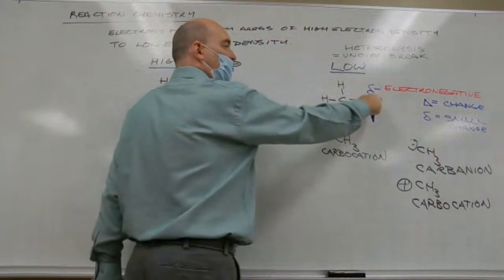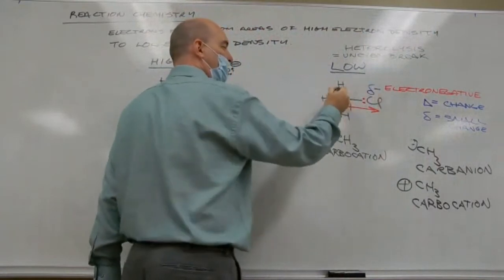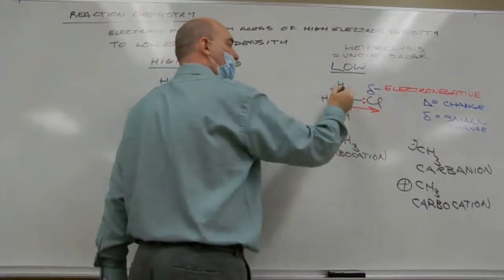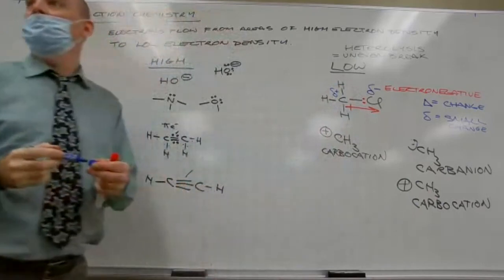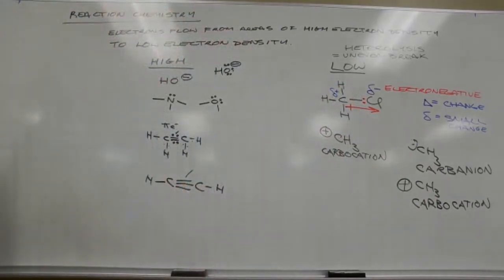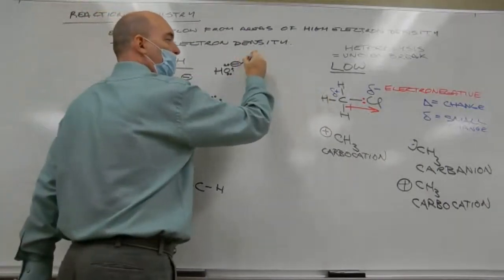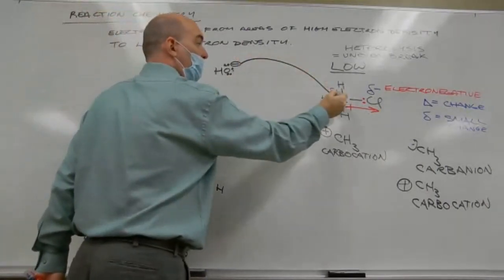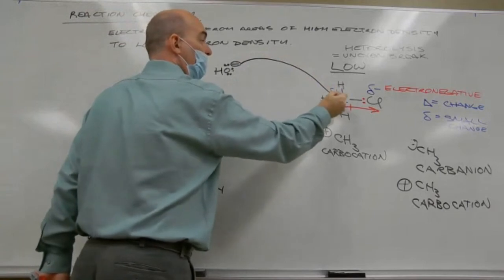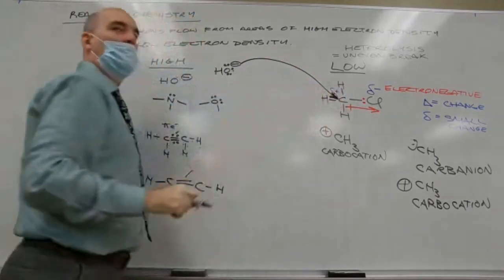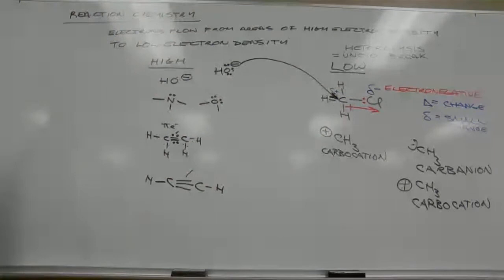So this chlorine goes a little bit negative, which leaves the carbon a little bit positive. This molecule, in the presence of hydroxide, my arrow goes to that carbon. Okay?